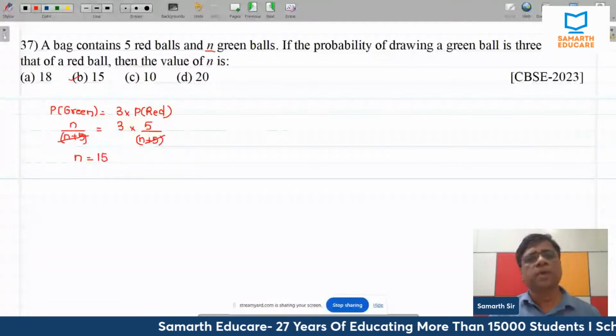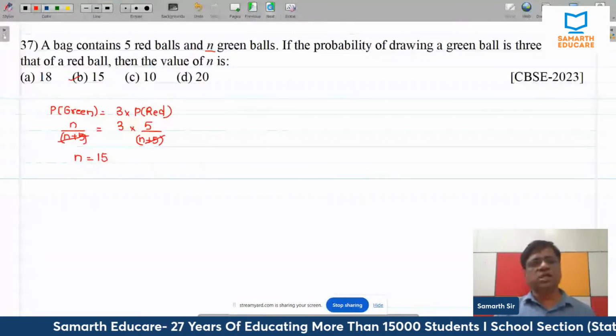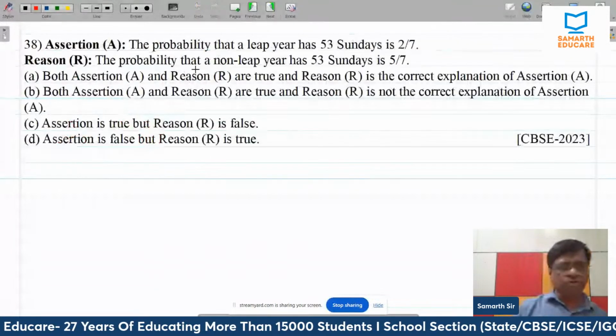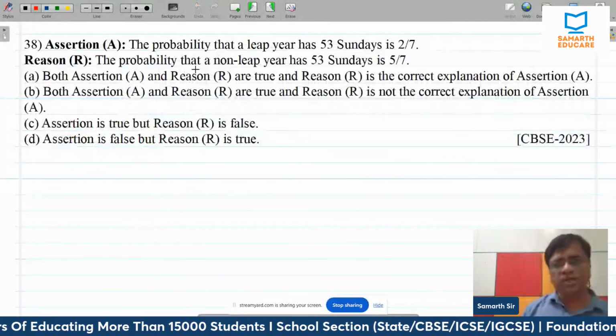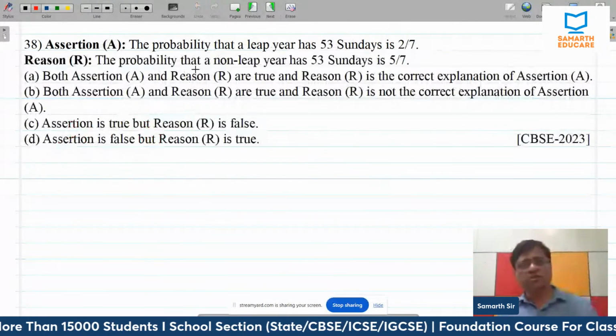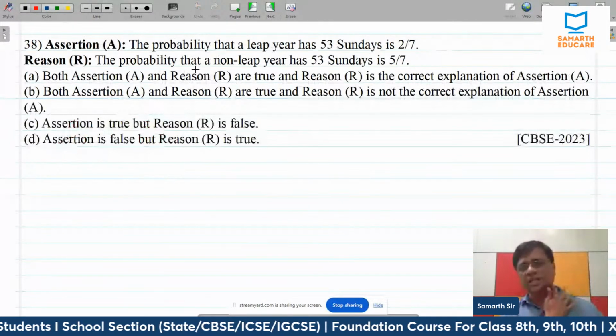Let's come to the next question, assertion and reasoning. I remember in one of the probability classes on YouTube, somebody had asked for a leap year problem of 53 Sundays, right? This is a very famous problem.